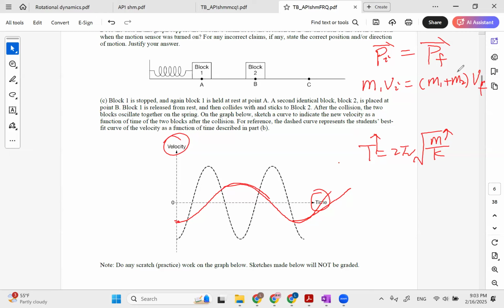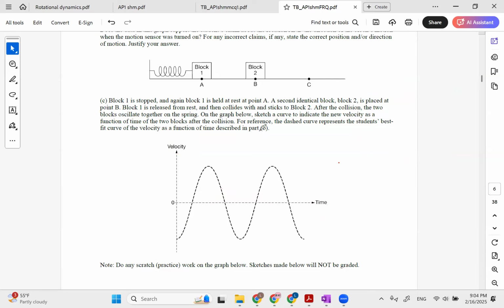They stick together, they move together, mass increases, right? That's why the final V is smaller. You got it, right?